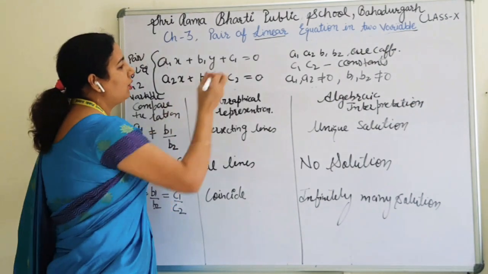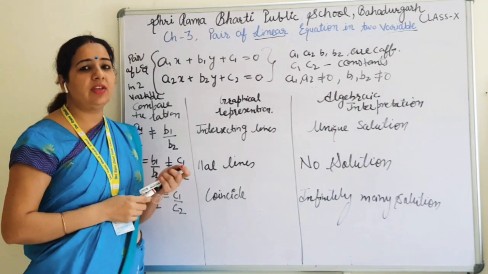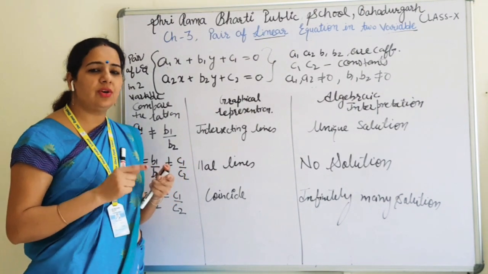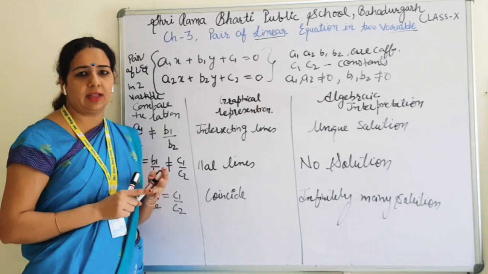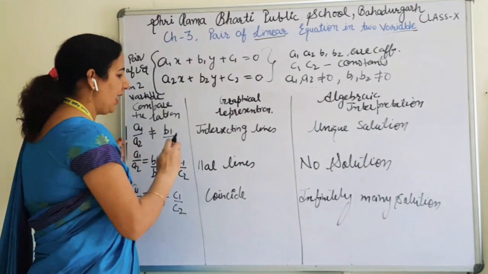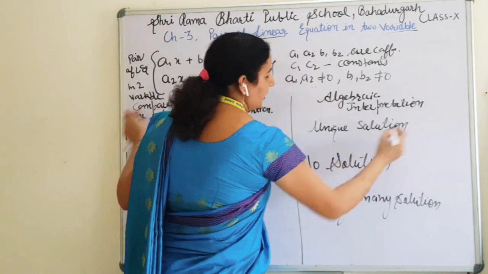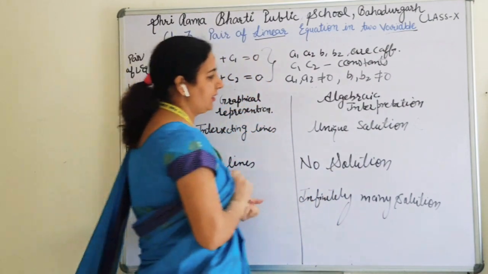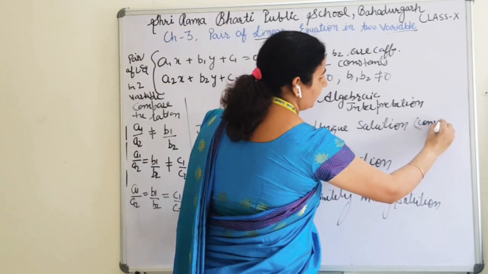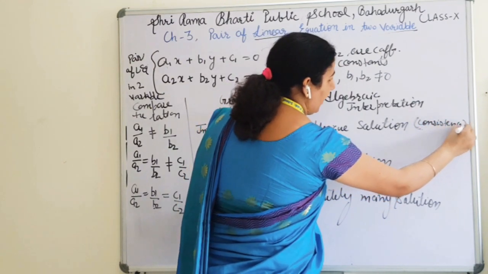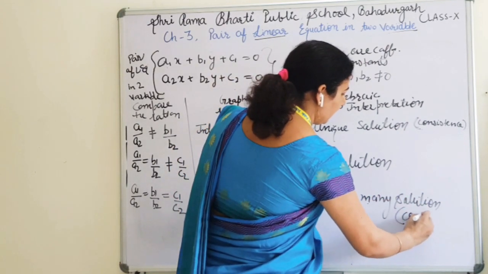System means both these two lines will be consistent if they have a solution. Whether it is a unique solution or infinitely many solutions makes no difference. So whenever we have a solution, like here we have a unique solution, so it is consistent. Unique solution means they are consistent. And here they have infinitely many solutions, again consistent.